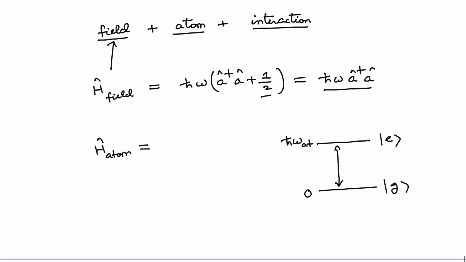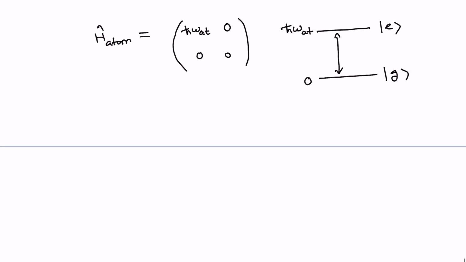Then this atom is going to be represented by this matrix, with h cross omega atom being the energy of the excited state. Because we are considering this atom as an isolated one when writing the atom Hamiltonian, this is the matrix form of the Hamiltonian, and we can write it in an analytical form as well, and that would be h cross omega atom times sigma z plus the unit identity operator, divided by 2.